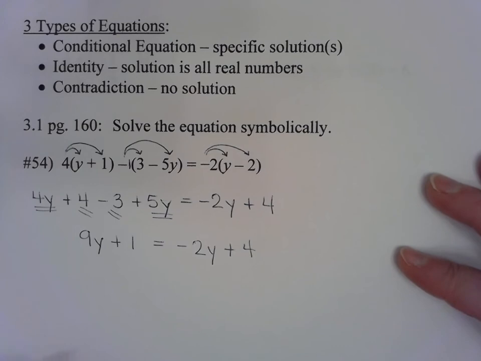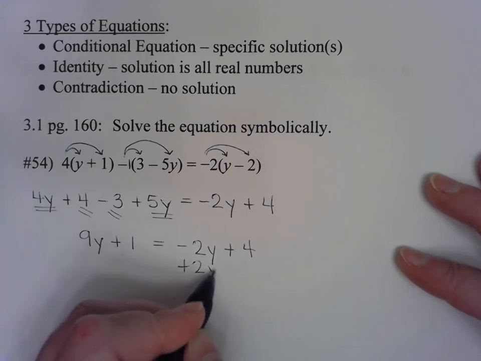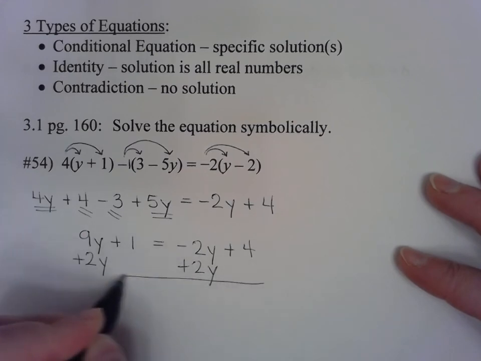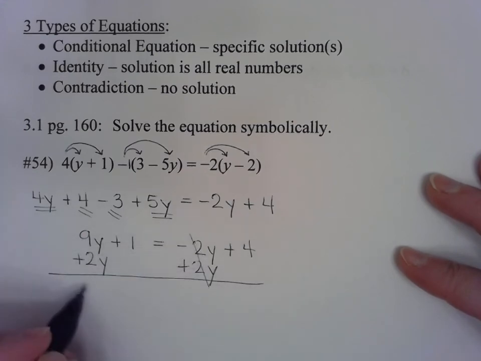Now we'd like to get all the y's together on one side, so I am going to add 2y over to the other side. So that's going to give me 11y.